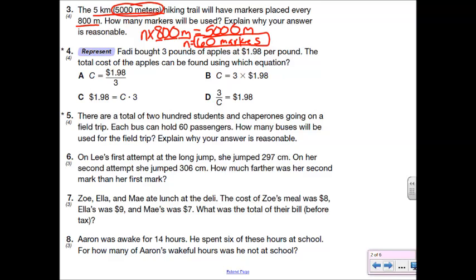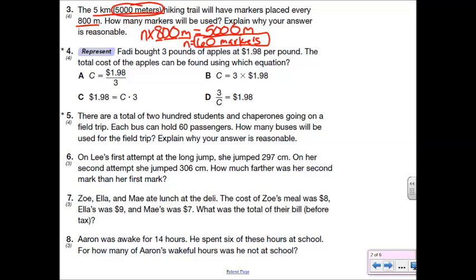And then it asks me to say why my answer is reasonable. So you could say, well, 800 is kind of close to 1,000, and if we did a marker every 1,000, we'd have 5, but we're going to have more since it's every 800 instead of 1,000. You could say, well, 800 is somewhere between 500 and 1,000.